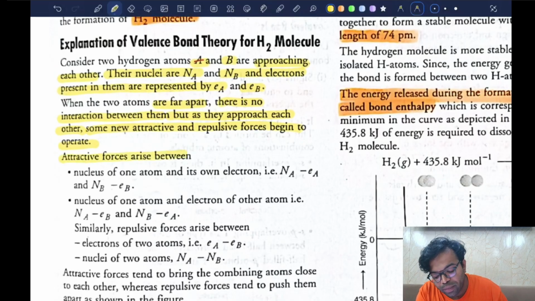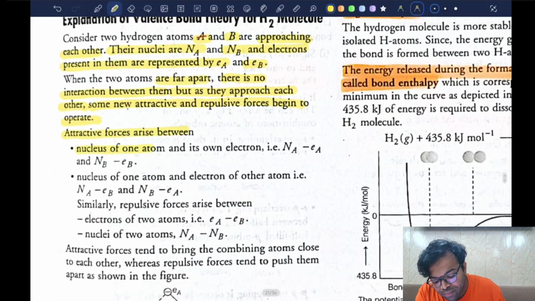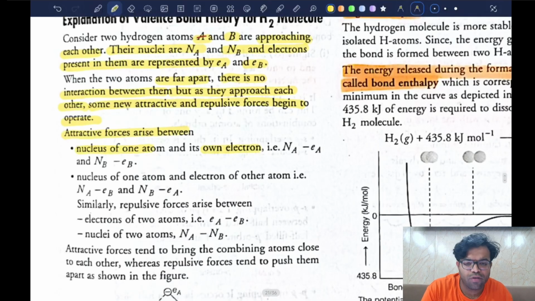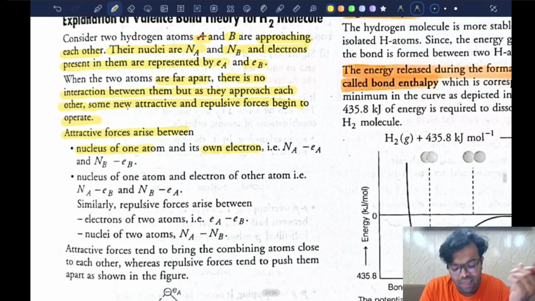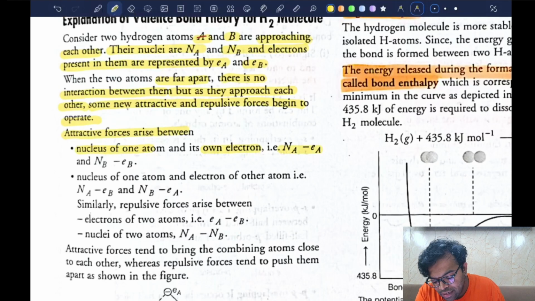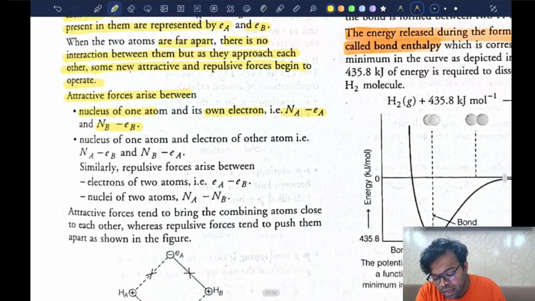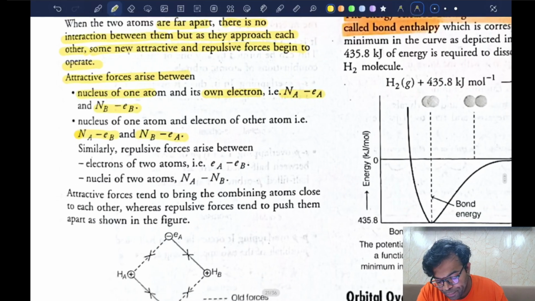Of course, the electrons are held inside the atom via the attractive force between the nucleus and the electron, and the same goes for the B part. Nucleus of one atom and electron of the other, that is NaEb and NbEa.